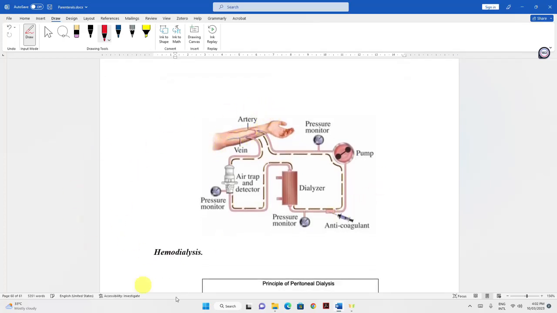What you see here is hemodialysis. From the artery, the blood goes to the dialyzer, the membrane, where separation happens and toxic material goes into the dialysis fluid, which comes and goes from these sides, and then the blood goes back into the vein.